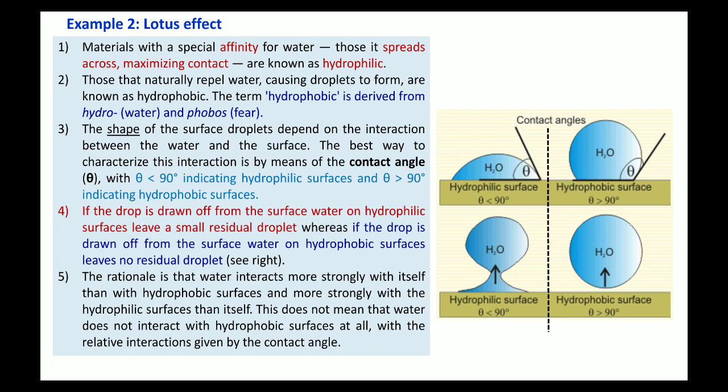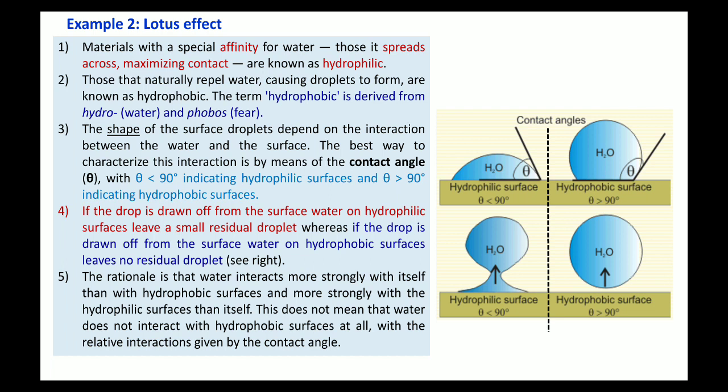Okay, if the interaction between the water molecules is stronger than the interaction between the water molecule and surface, then all the water will get removed, and that will be the example of hydrophobic surface.